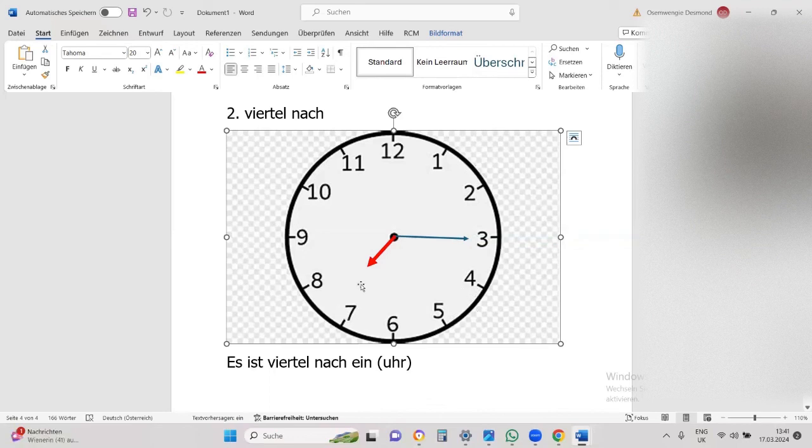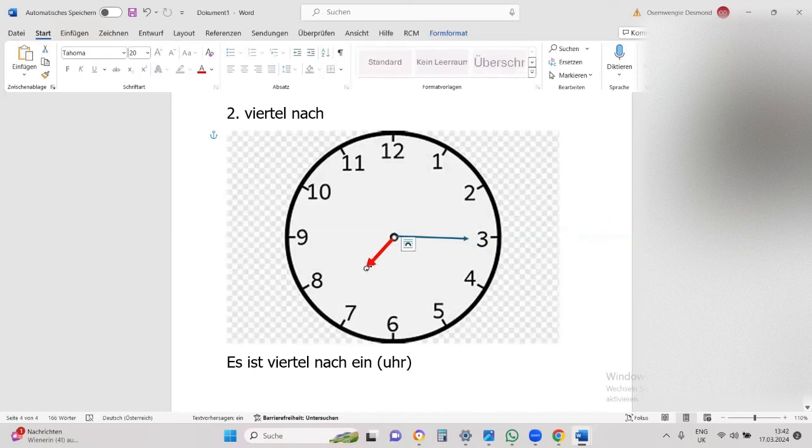And right after, if that passes 9, you say Es ist Viertel nach 9 Uhr. Es ist Viertel nach 9, or Es ist Viertel nach 9 Uhr. Gut. Is that clear? Klar?